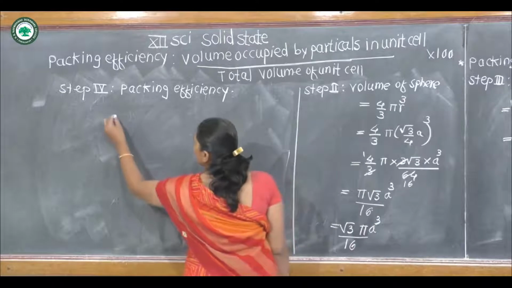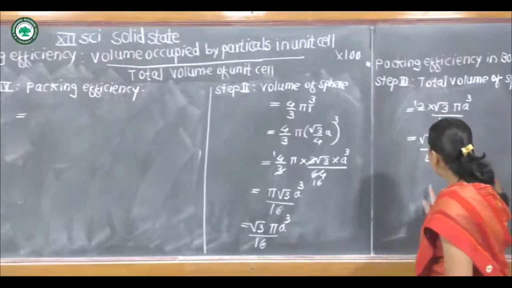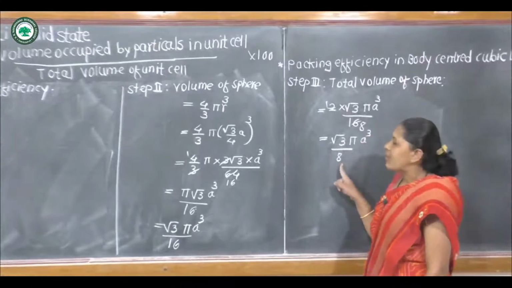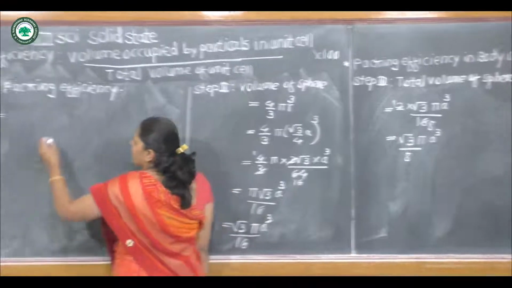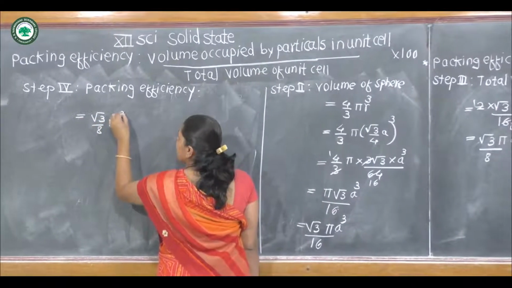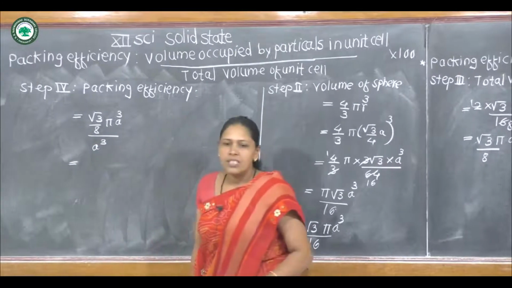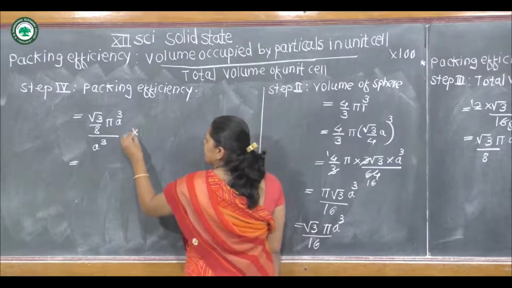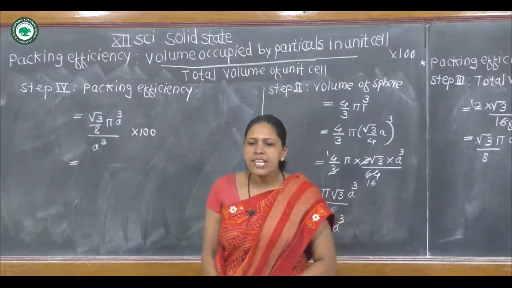Therefore, the volume occupied by 2 particles in body centered cubic unit cell is root 3 by 8 pi a cube. Therefore, root 3 by 8 pi a cube divided by a cube, multiplied by 100.